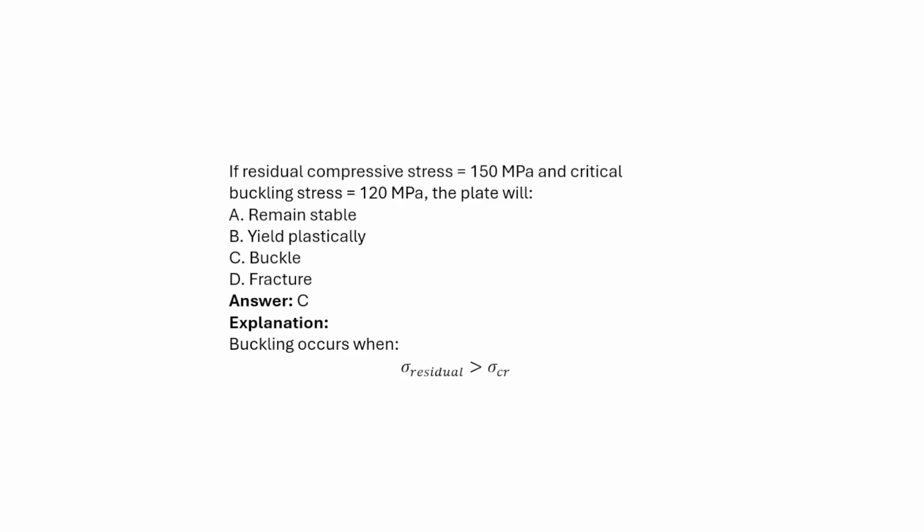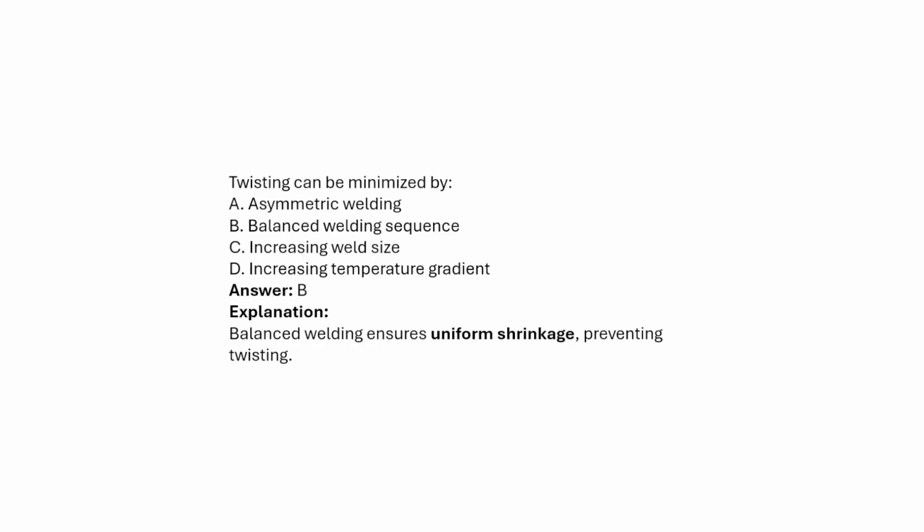When the residual stresses exceed the critical stress, it will buckle. Here the critical stress is 120 megapascal, but the applied compressive stress is 150 megapascal, so it is more than that, so the buckling will take place.